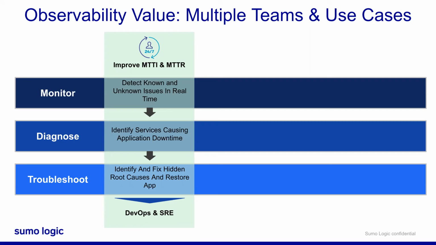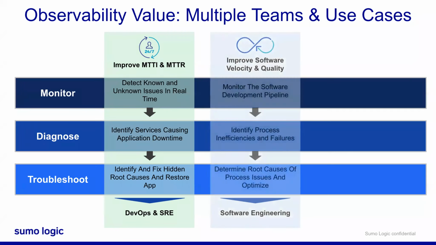Who else can observability help? The software engineers. Observability is going to help them by providing visibility into the software pipeline. By collecting information about the software pipeline and identifying issues with the delivery process, teams can improve the quality as well as the delivery of their applications.